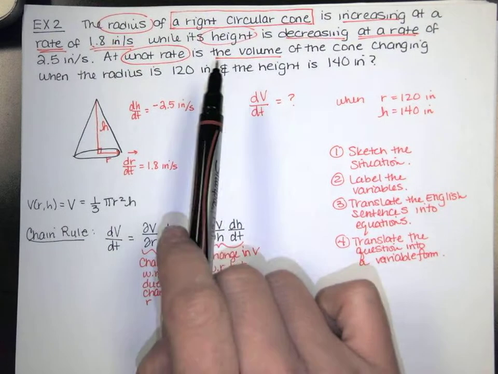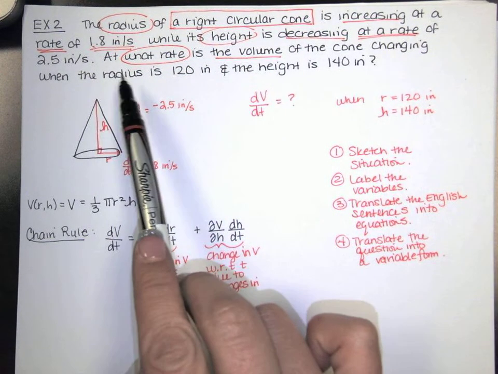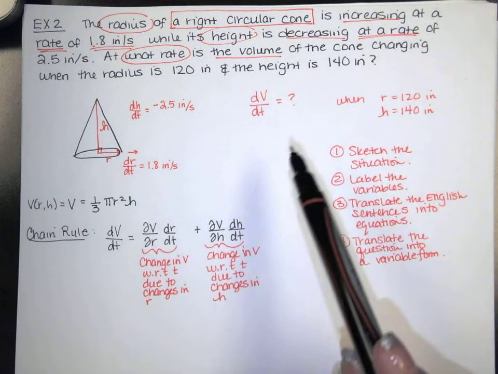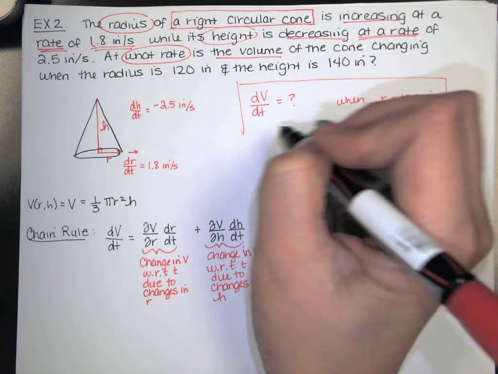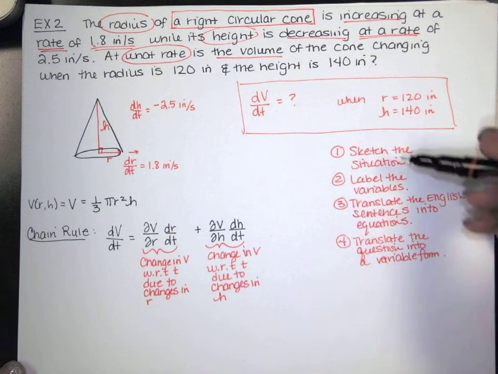So I know I'm looking for the rate, at what rate the volume is changing at this, when we have this particular radius and this particular height. But I needed to change that question into this in order to use math to answer the question. So we've done all of that.